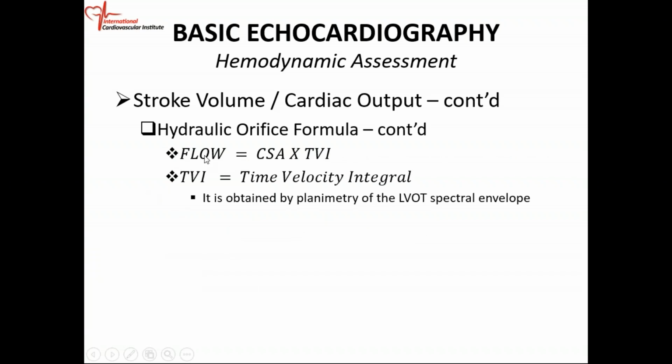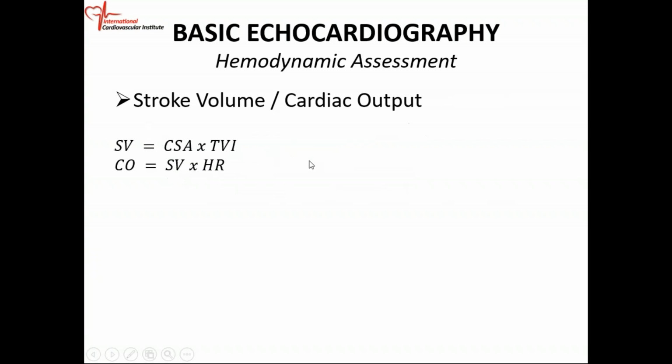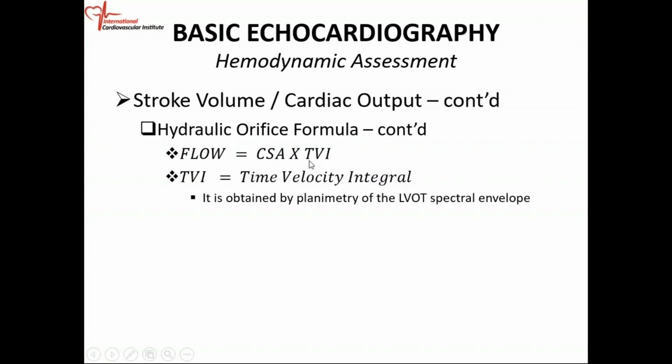So when we're doing Doppler, we can get flow. And flow is equal to the cross-sectional area times the TVI, which is the time velocity integral. It is sort of similar to the velocity, but what we're doing is integrating the velocity with time.